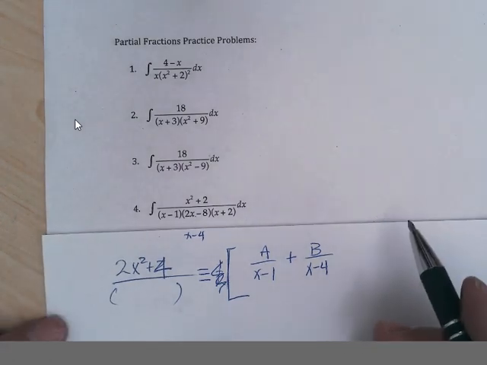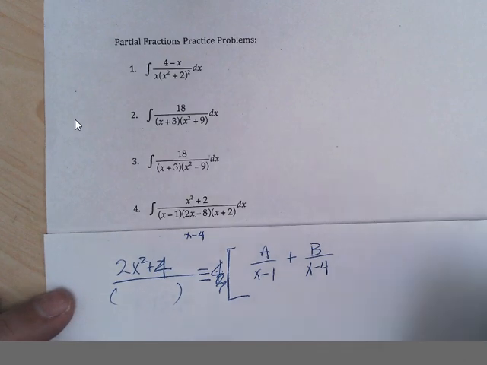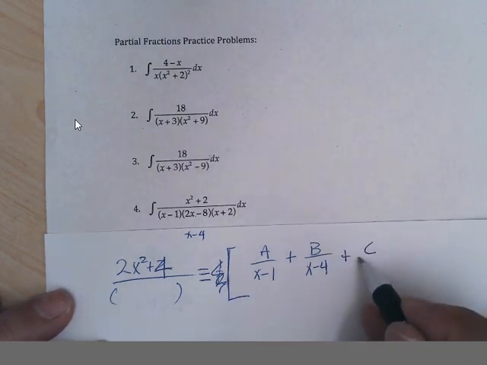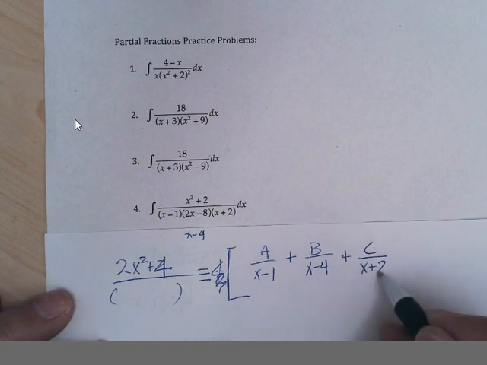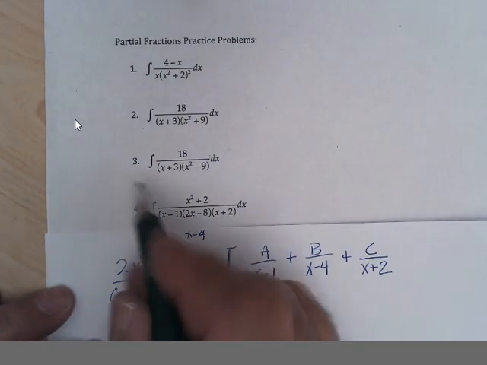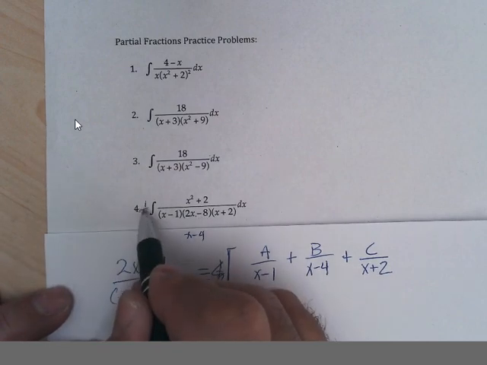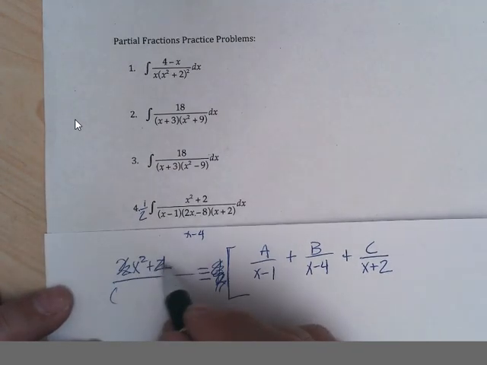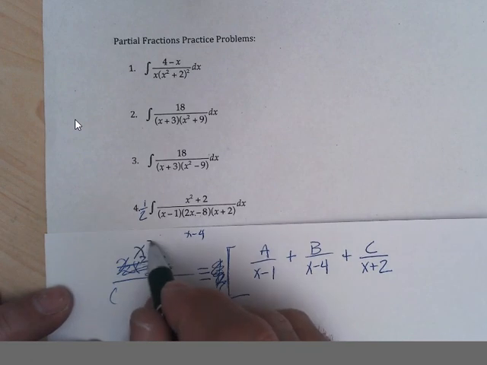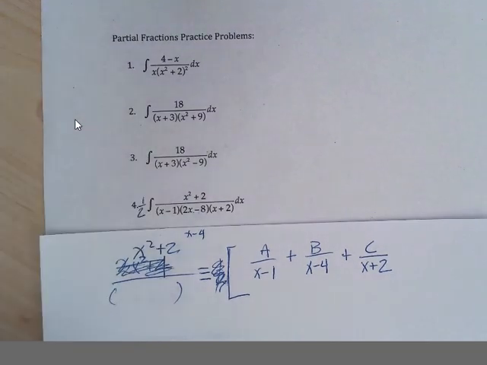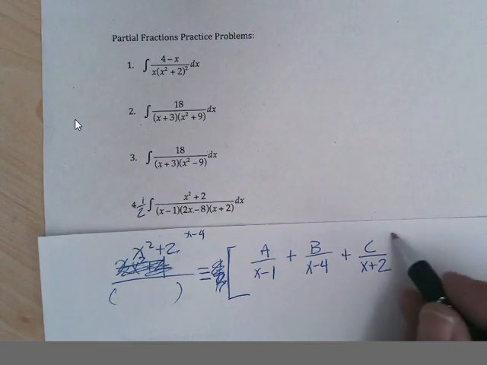I'm going to go plus c over x plus 2. I'm going to pull the half out. Forget the half. Keep this as x squared plus 2. And I know that I'm going to have to take half of whatever my answer is when I get done.